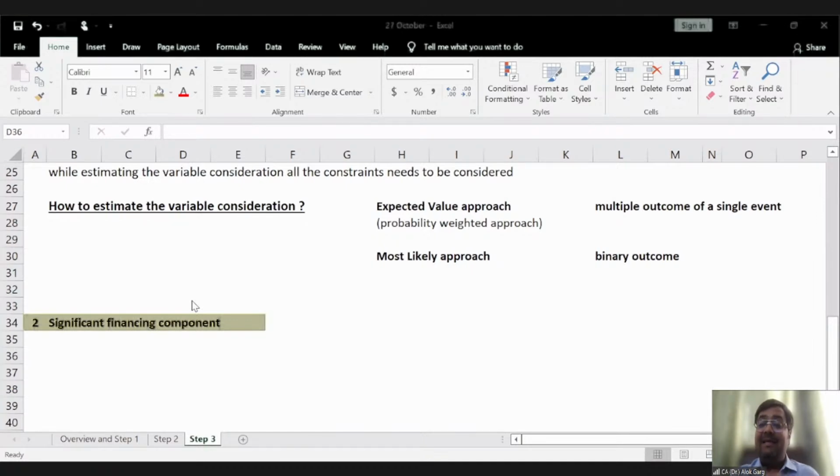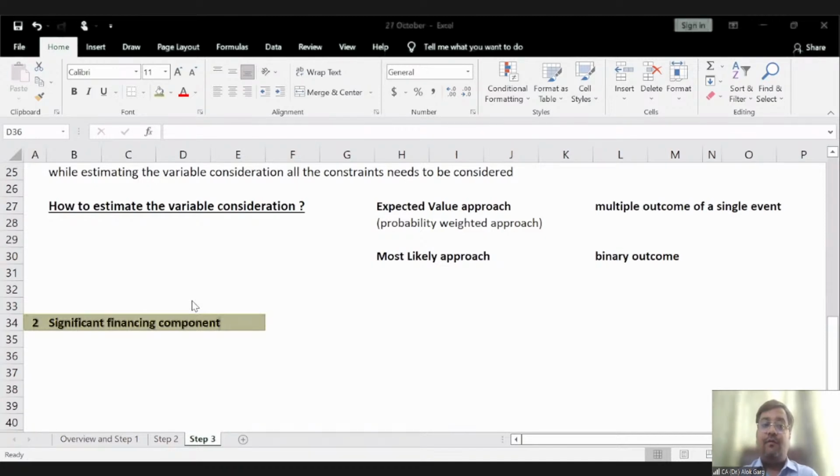It means 1 crore rupees is a finance cost to the entity. The revenue will be 21 crore, and 1 crore will be the interest cost. So if the customer is paying in advance, there will be an interest cost. If the customer is paying as a deferred payment, there will be an interest income.